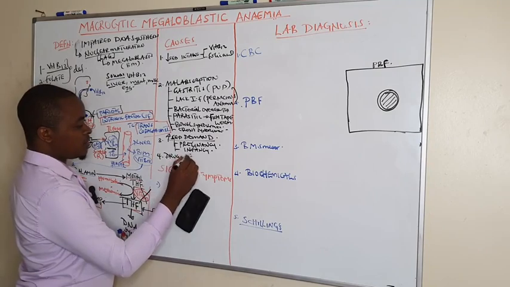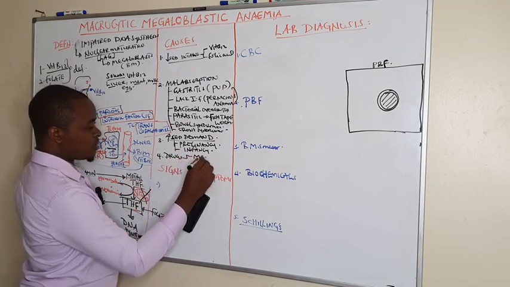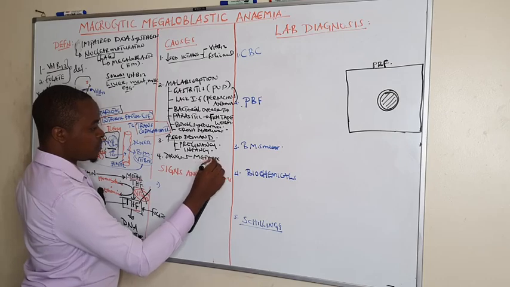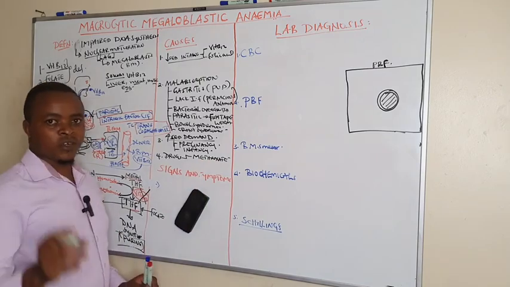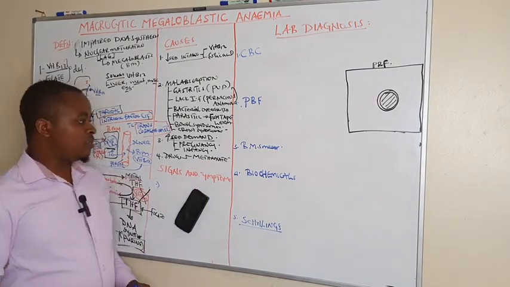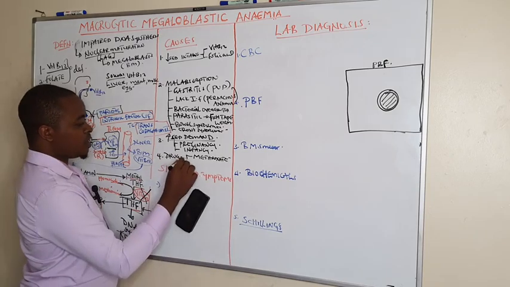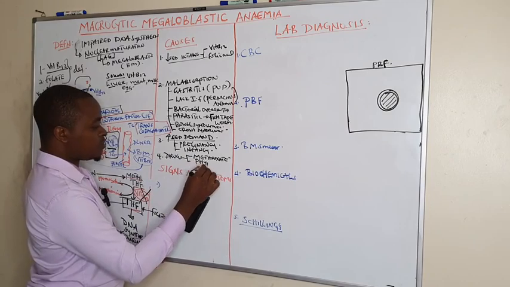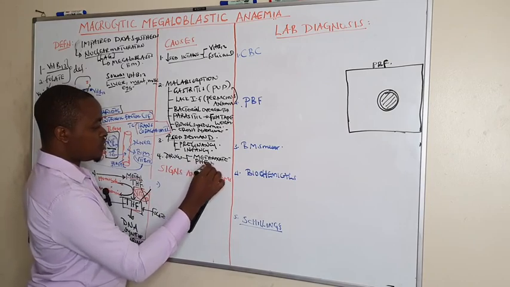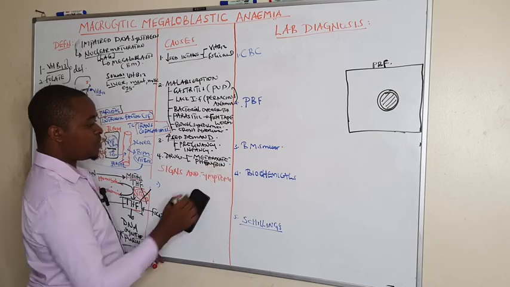Then drugs like methotrexate, which is an anti-cancer drug which inhibits folic acid synthesis or metabolism, can be one of them. Then we have anticonvulsants like phenytoin and phenobarbital.